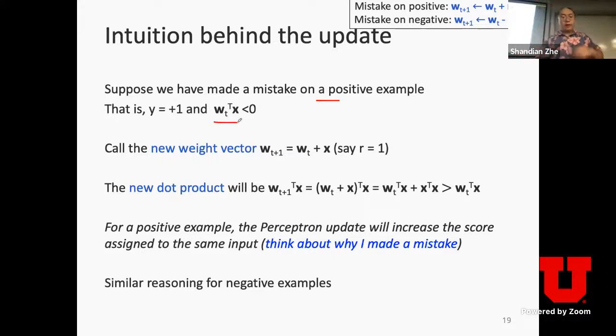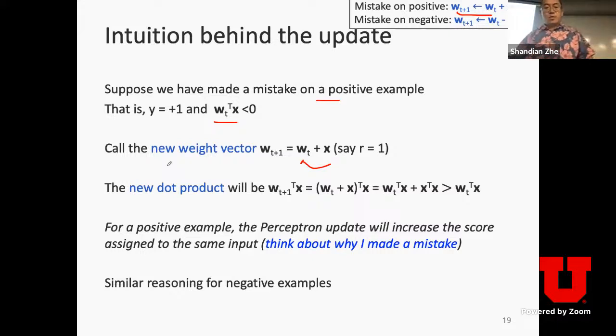Now, we're going to have a new weight vector following the rule here. You're going to add X to the current W, because R is 1. And let's see, after we have got this new weight vector, do we have a better chance to correct the mistake?